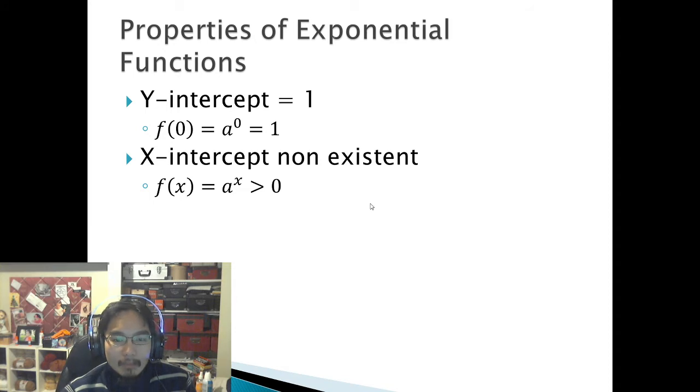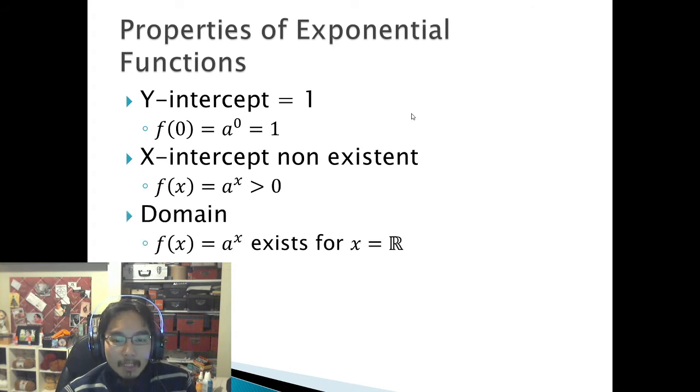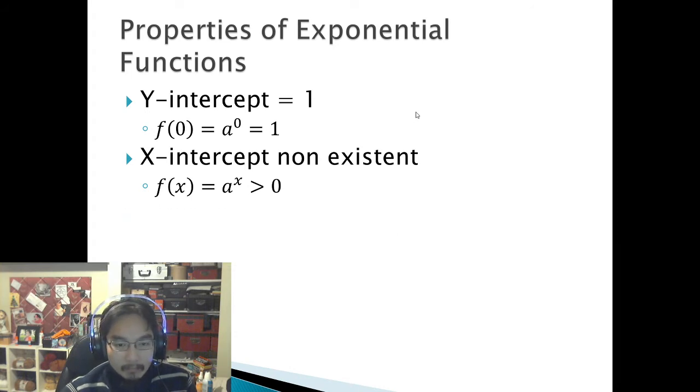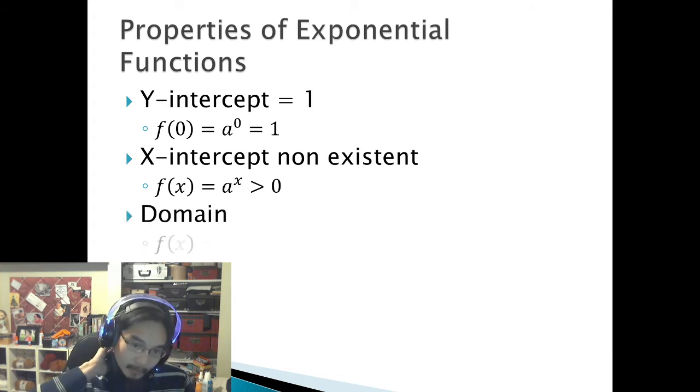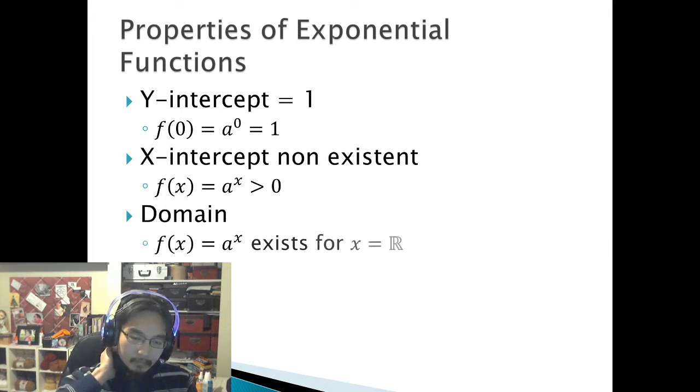So two characteristics of exponential functions: the y-intercept is always equal to 1, and x-intercepts are non-existent. Domain and range. For this type of function, the domain is always all real numbers. x can take any real number. And range is basically anything greater than 0, because it can be any number, but it just can't be 0.